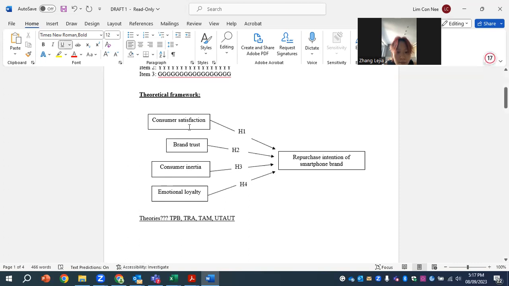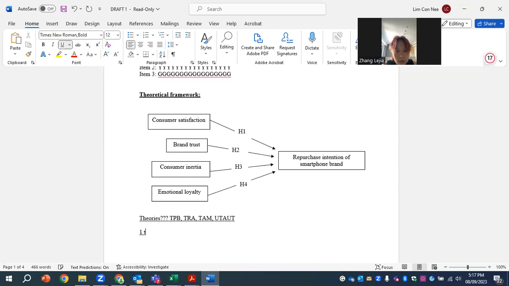What I'm trying to say is that the variables should be related to the theory. So you can think of 2 variables relating to one theory, another 2 to another theory. Actually 1 theory also can.